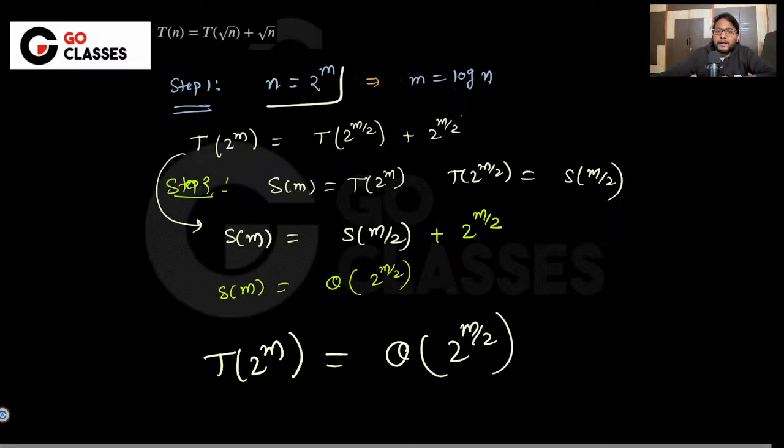So 2 power m and n are related like this. So this is nothing but T of n, and 2 power m by 2. You can say m is log n. So what is the value of 2 power m by 2?